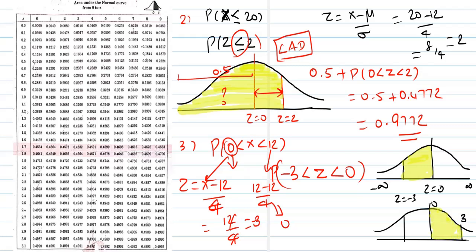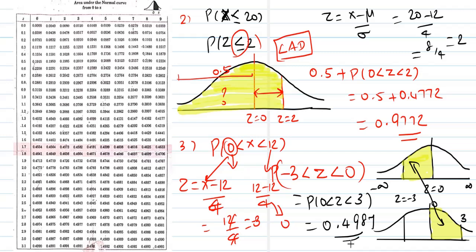So how to go about this data? The third data, probability of minus 3 to 0 is the same as this. So it is the same as 0 less than z less than 3. So go for your 0 to 3. Where is 3.0? Here, 3.00. So what is the answer? 0.4987.